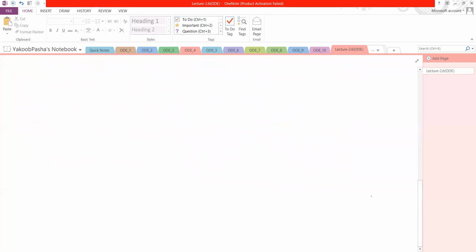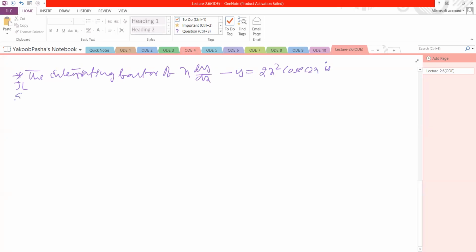I am taking the first question: the integrating factor of x into dy by dx minus y is equal to 2x square into cosec 2x is. It is also a question of AP set 2017.